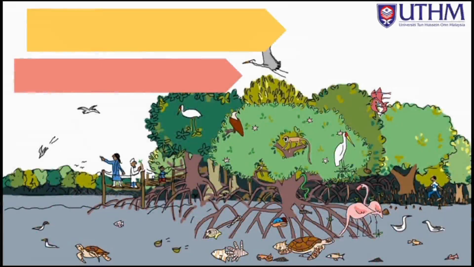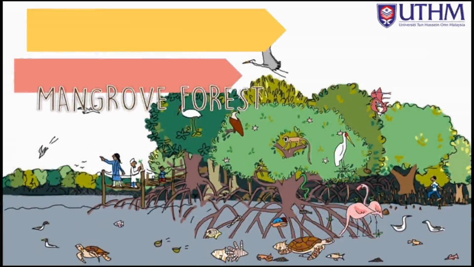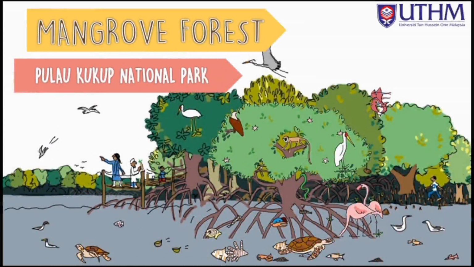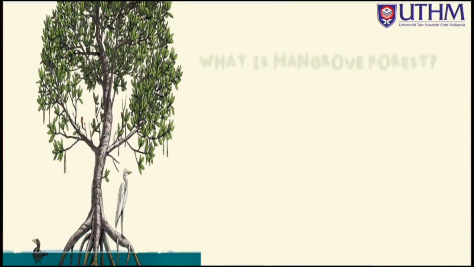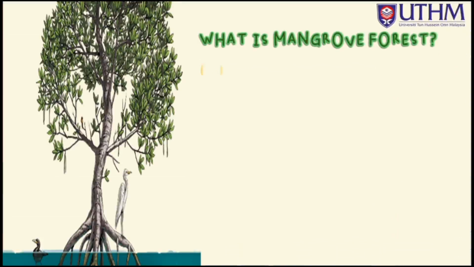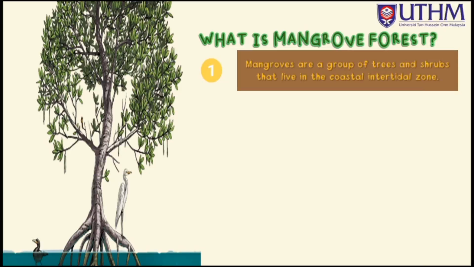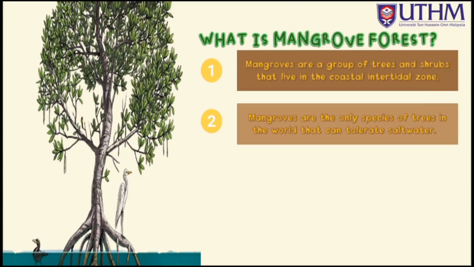Hi, Assalamualaikum. My name is Nurul Syakira Sofia and my topic is mangrove forest in Pulau Kukup. So what is a mangrove forest? First, mangroves are a group of trees and shrubs that live in the coastal intertidal zone. Second, mangroves are the only species of tree in the world that can tolerate salt water.